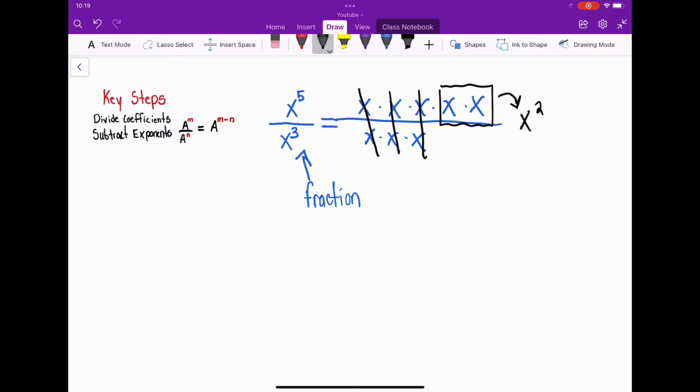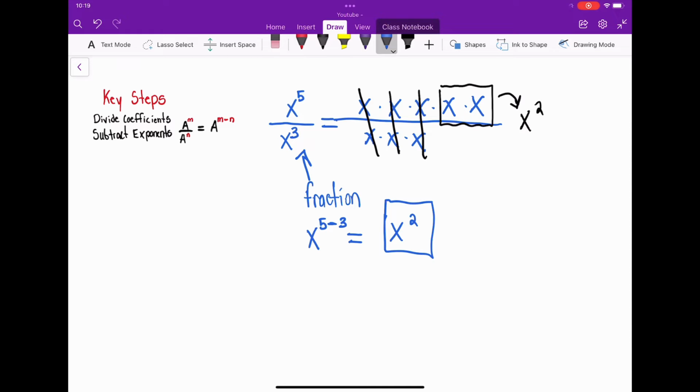And the funny thing is, the quotient rule tells us that we can simplify exponents by subtracting. So when I take this base, x to the fifth, and I subtract 3 from 5, I'm going to get that same x to the second power.